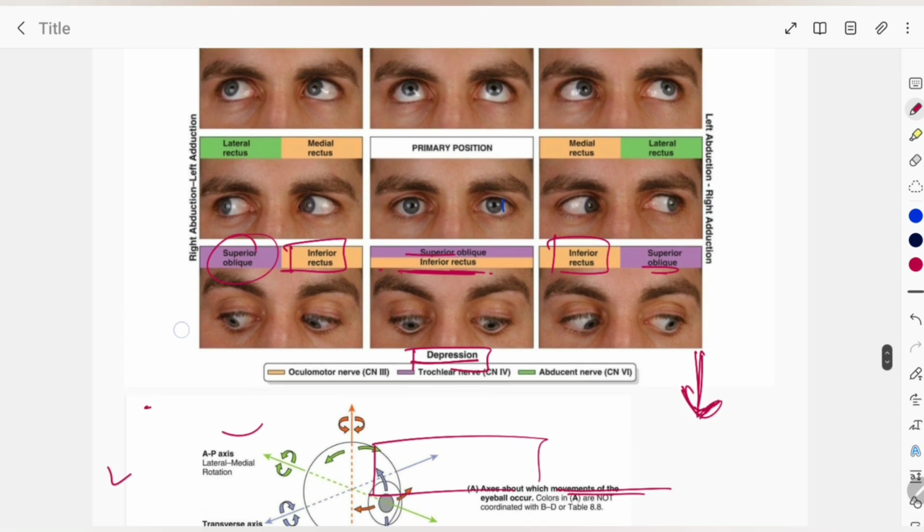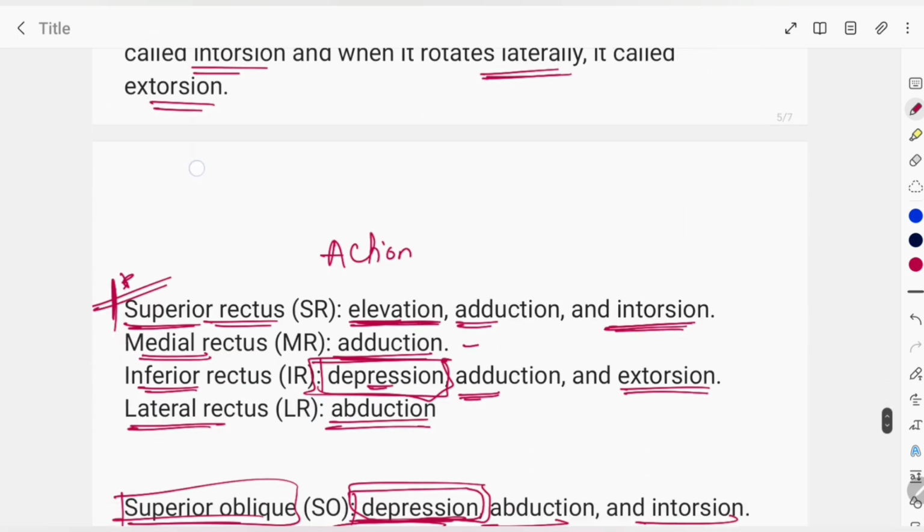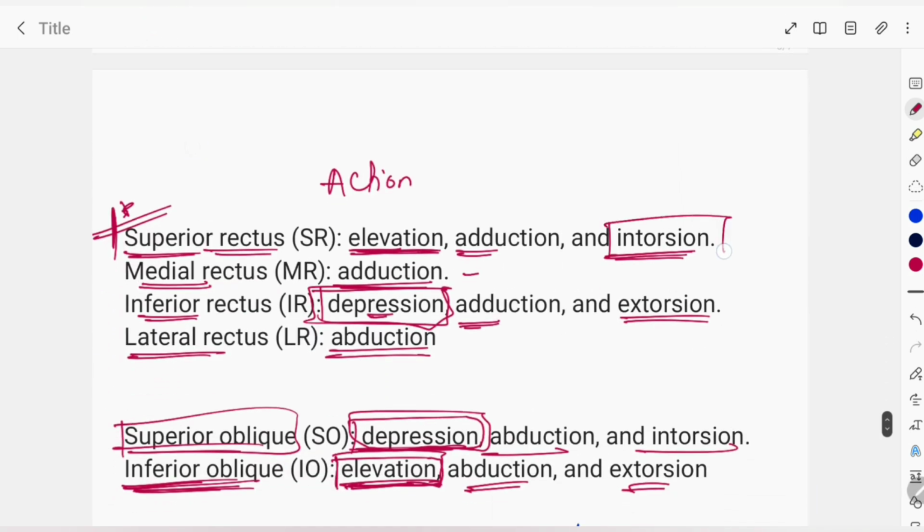Now if we talk about intorsion and extorsion, what muscle is doing intorsion? Intorsion is done by superior rectus and superior oblique muscle. And if we talk about extorsion, it is done by inferior rectus muscle and the inferior oblique muscle.